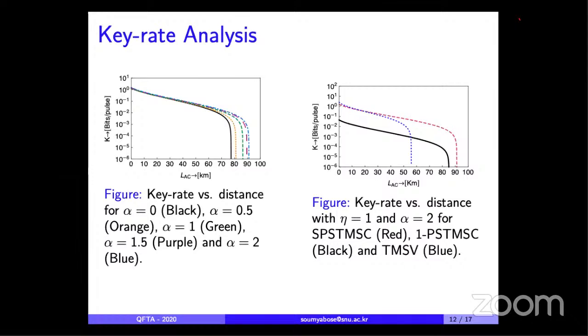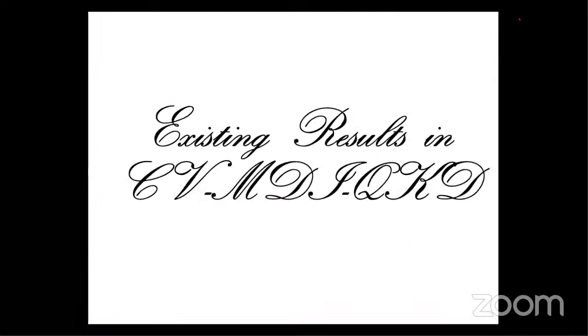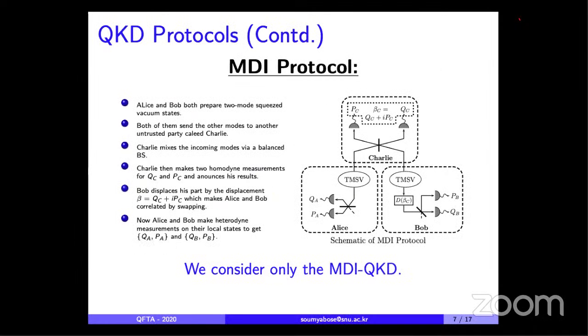Now we come to the actual part of the work where we analyze the key rates. Here in the left figure, we plot the key rate versus... Okay, before I go to this figure, let me go back. I should have said it here itself.